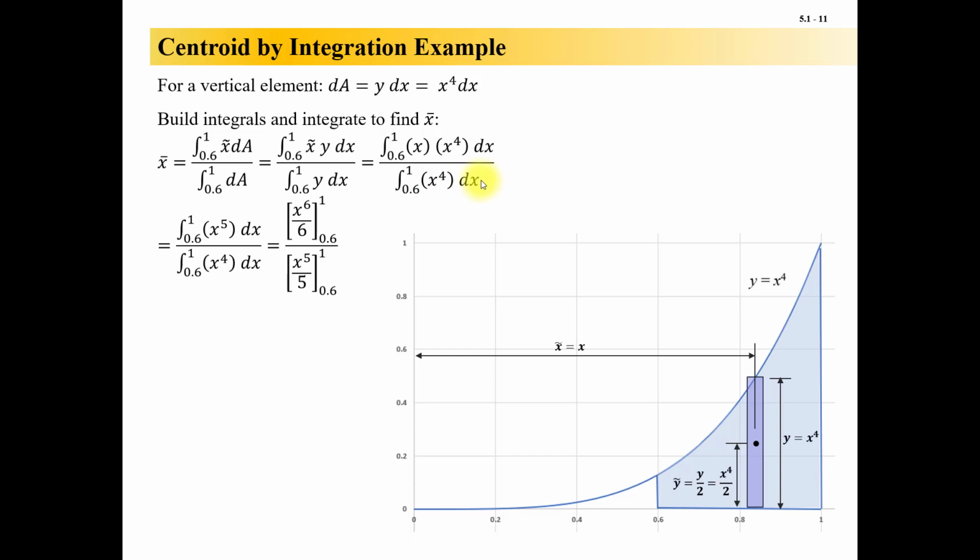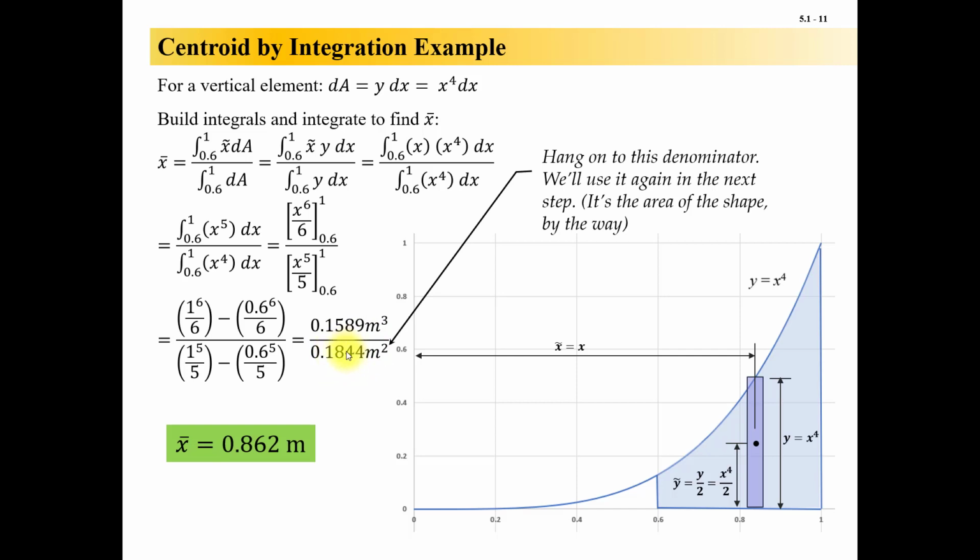So doing that math, that's not too hard, right? x times x to the fourth, that's x to the fifth. And so then integrated, I get x to the sixth over 6, and x to the fourth integrates to x to the fifth over 5, and then evaluate that at the values of the definite integral, and I get 0.1589 in the numerator and 0.1844 in the denominator.